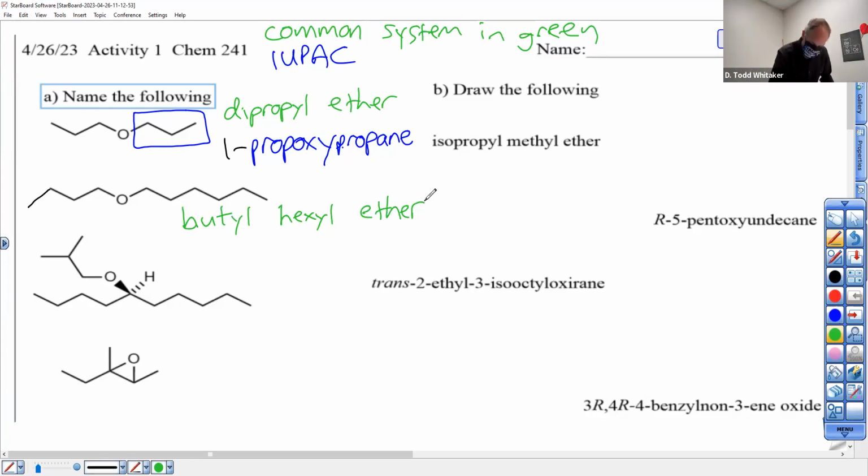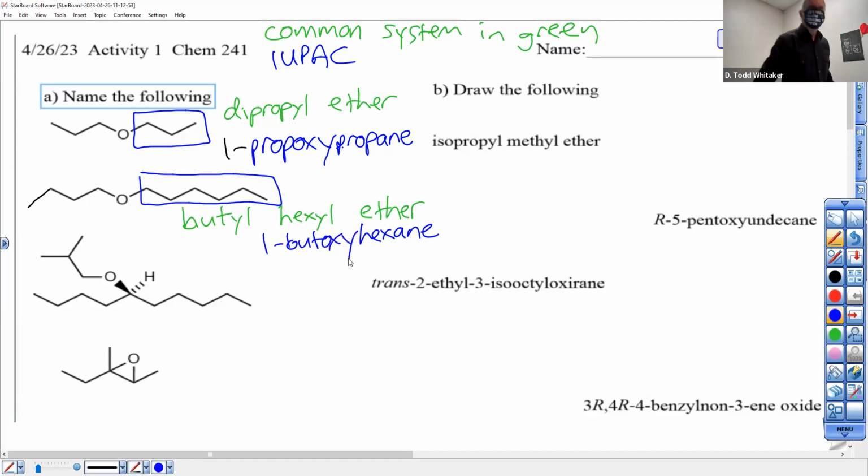Now the longest chain here is hexane. IUPAC says it's a hexane with a butoxy group on carbon 1. So the new thing is the oxy groups. The old thing's what's in front of them. You change yl to oxy, and you got a whole bunch of new groups.